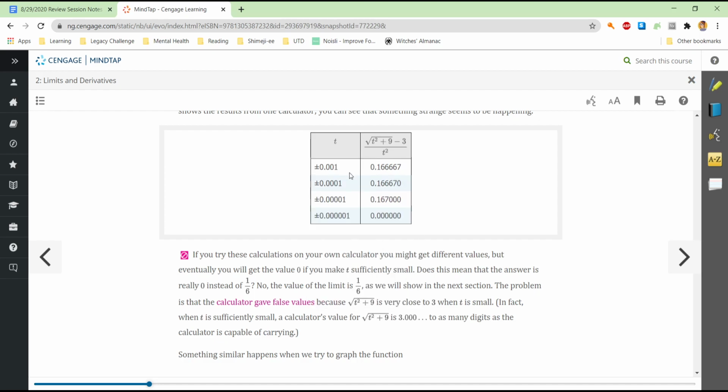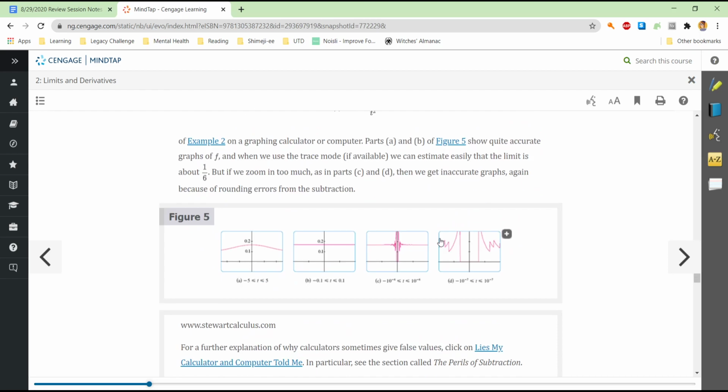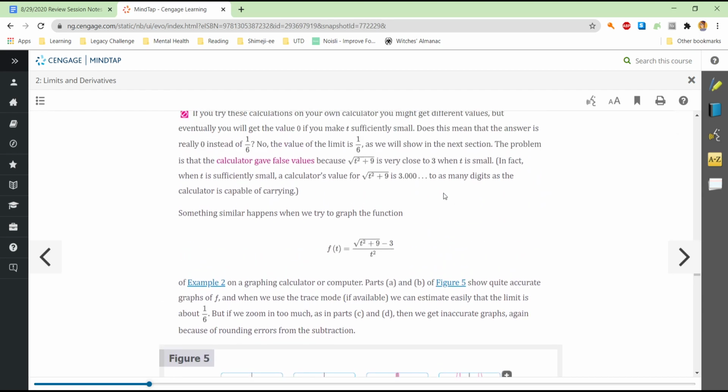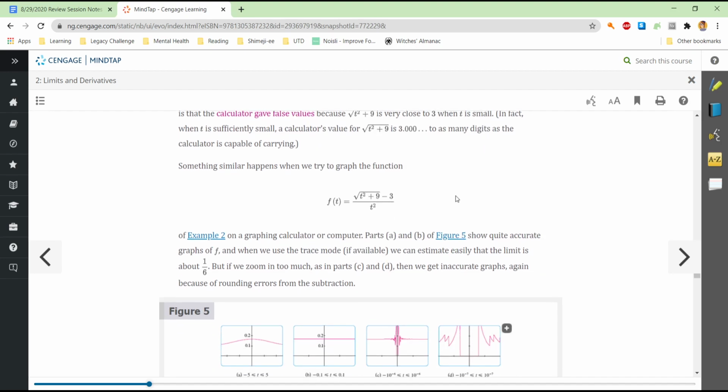So as you can see here, they get smaller and smaller, and then suddenly, instead of getting a 0.1, we get a 0.000. And that's because calculators essentially give false values, because if they get really close to a certain number, it will have too many digits, and it will essentially panic and give you a 0.